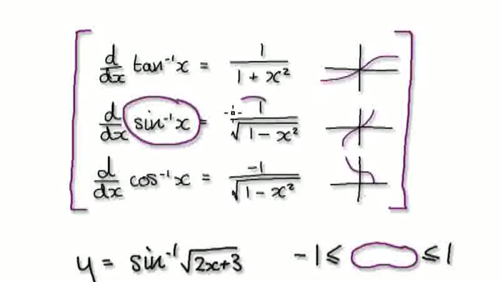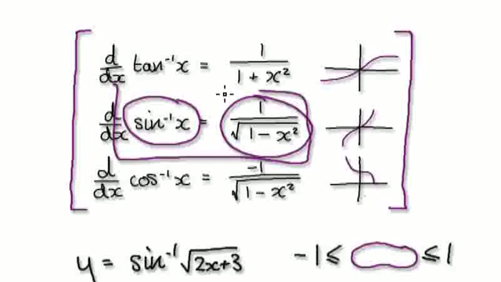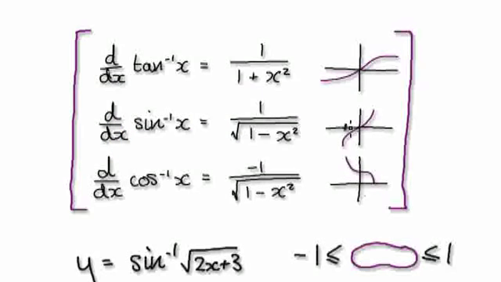When you differentiate this, it will give you this, but this thing here will only work within the region of minus 1 and 1. So our bubble here will only work if our bubble is stuck within minus 1 and 1.